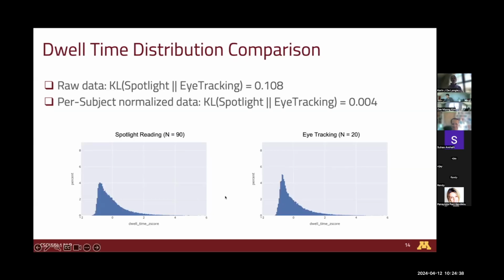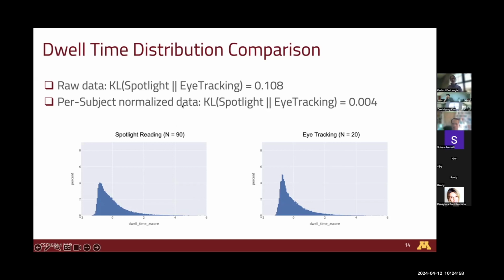So maybe a more realistic motivation for why we're looking at this is that the spotlight reading task is very artificial, right? You're revealing the text by moving your mouse.